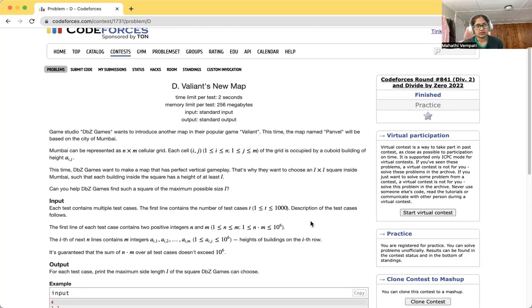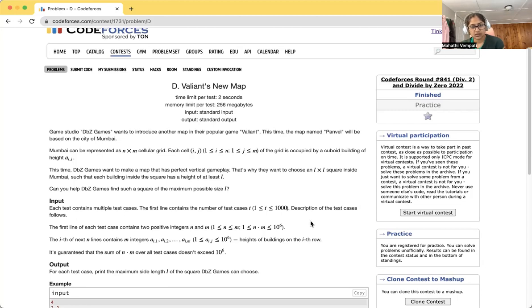One thing I notice is if a square satisfies the condition, then all squares inside must satisfy the condition.